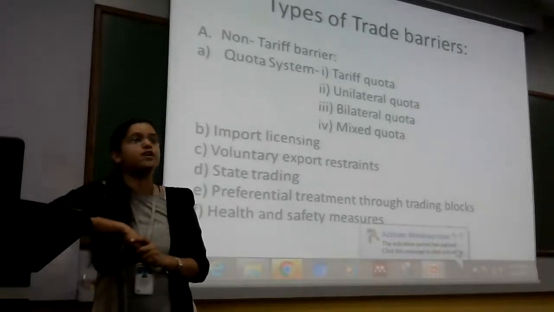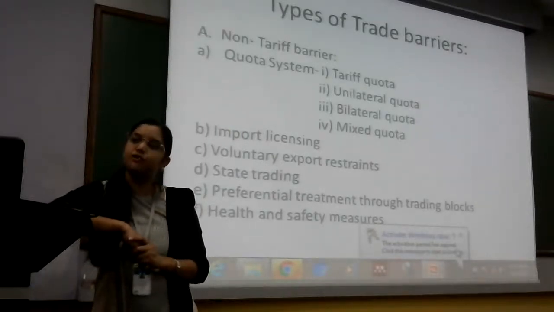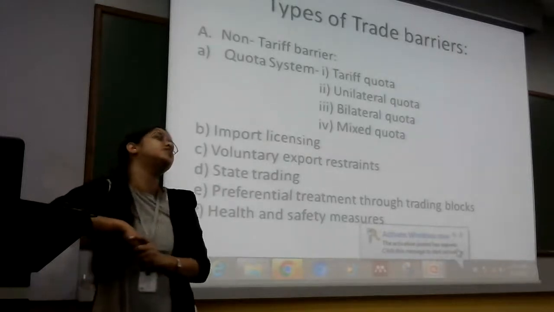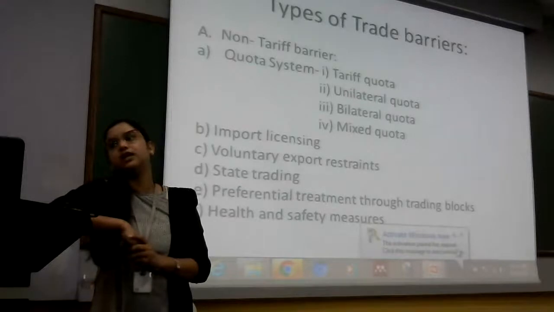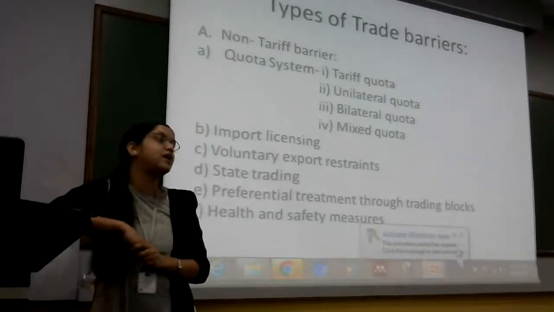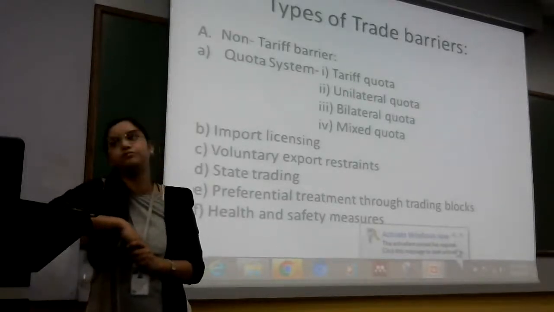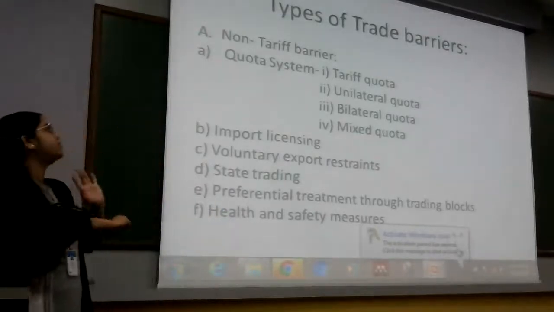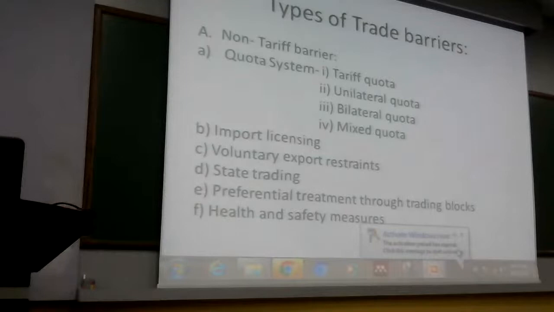So you have to be very careful from the perspective of different countries that the products you are importing or exporting are suitable for the health and safety standards of that particular country or not. This is all about the non-tariff barriers.